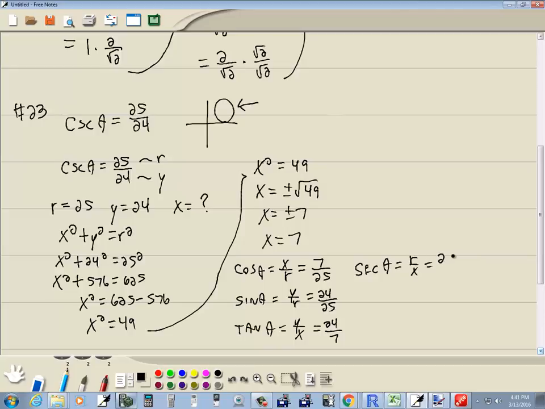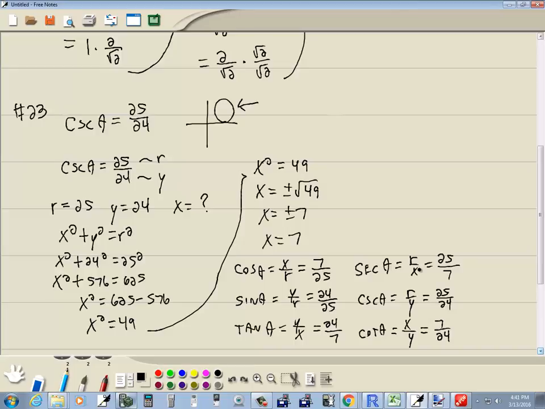R was 25 over x, which is 7. Even though it's given, cosecant is equal to r over y. R is 25 and y is 24. Cotangent is equal to x over y. X was 7 over y, which is 24.